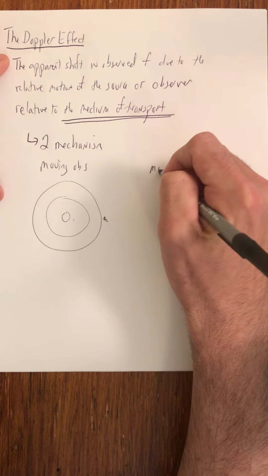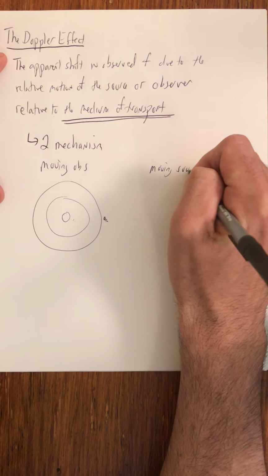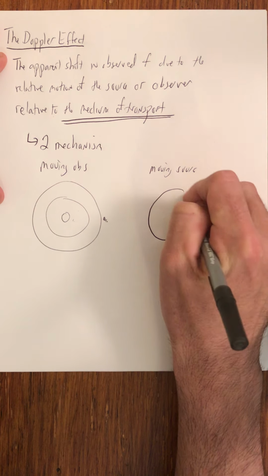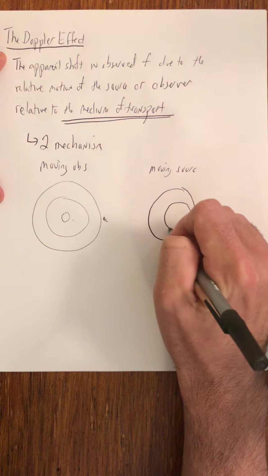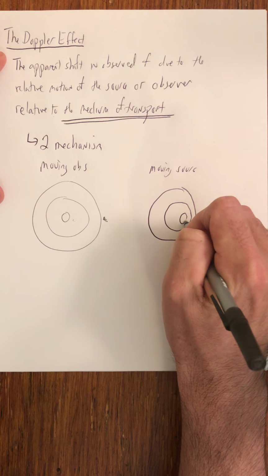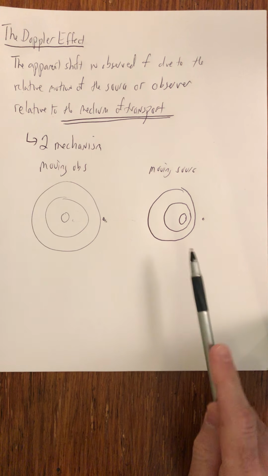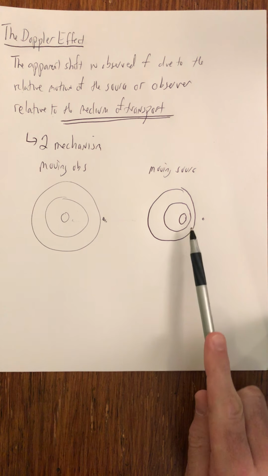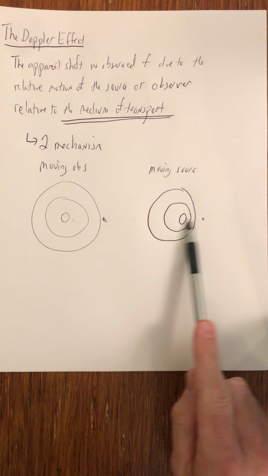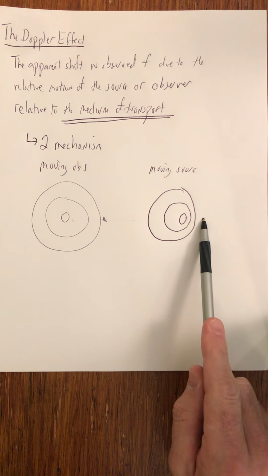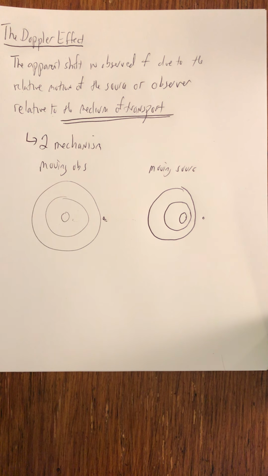Or, due to the moving source, in this case if the source is moving to the right, the wave pattern itself was altered, and this is our observer. It's the distortion in the wave pattern that caused a change in the wavelength, which then changed the frequency.